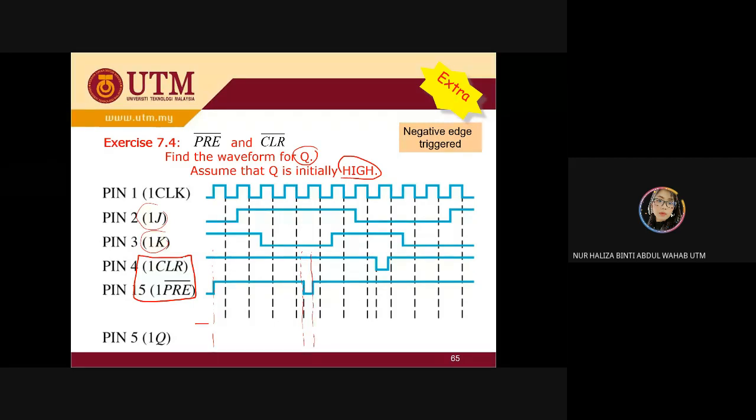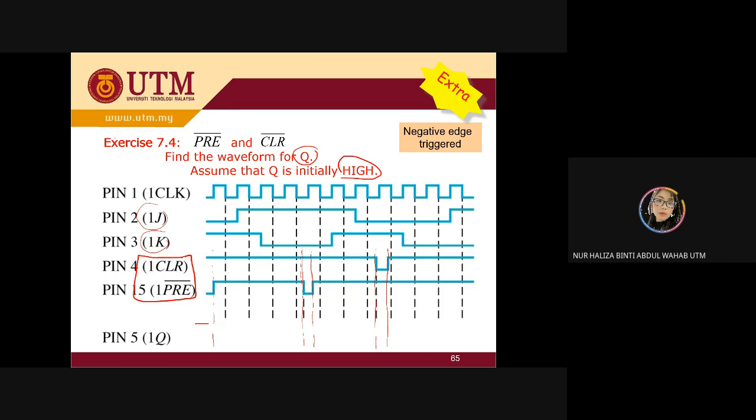Okay, this is the dotted line for my pre and clear. Okay, done. Then for this side, it is better for you to do all of it, as I mentioned. But if I draw too many here, it's going to be a mess.